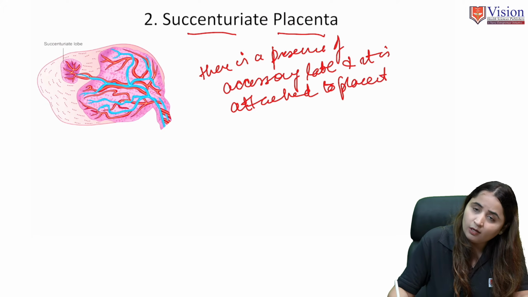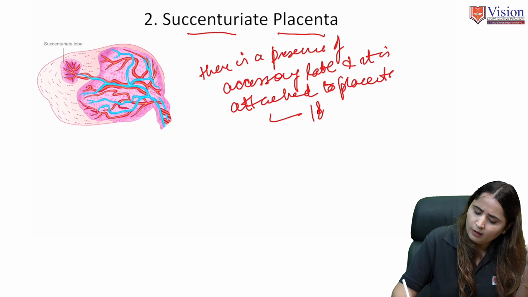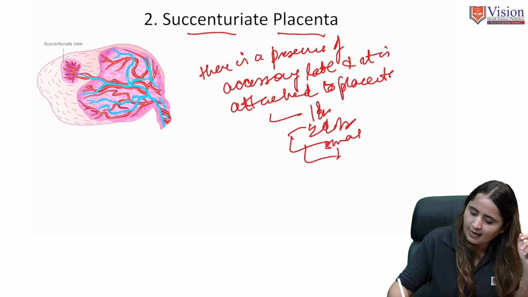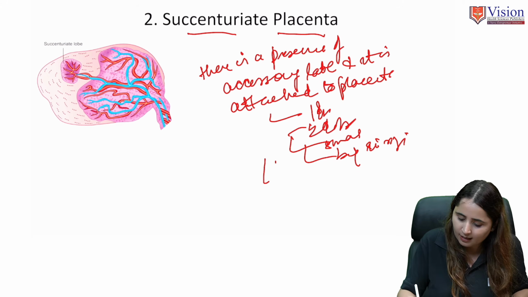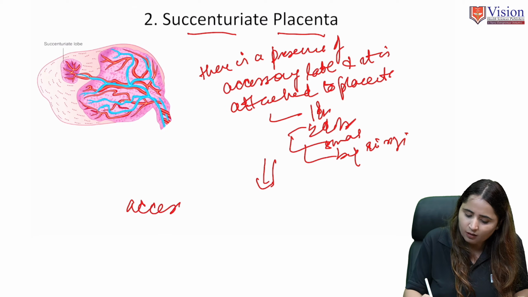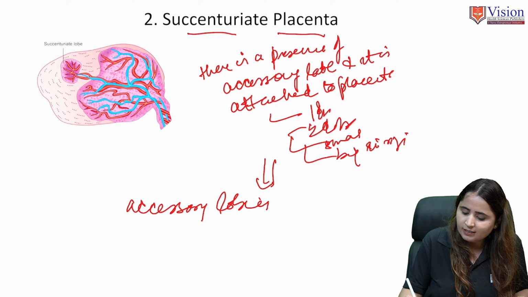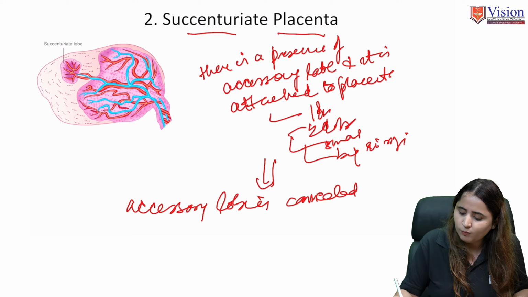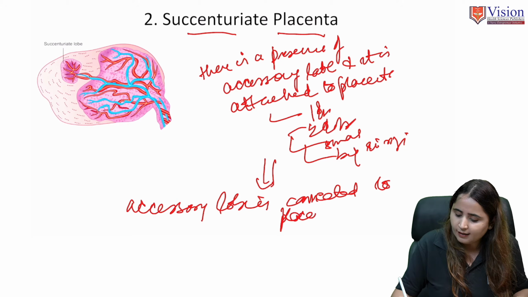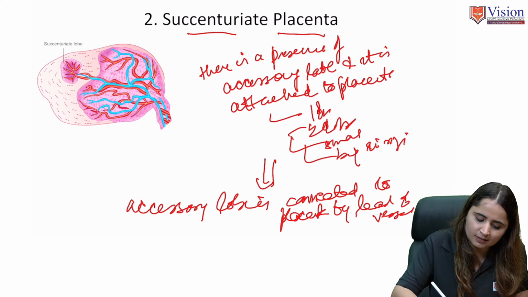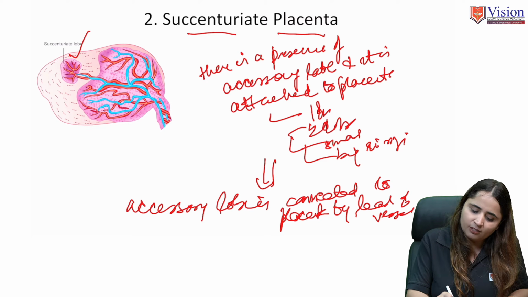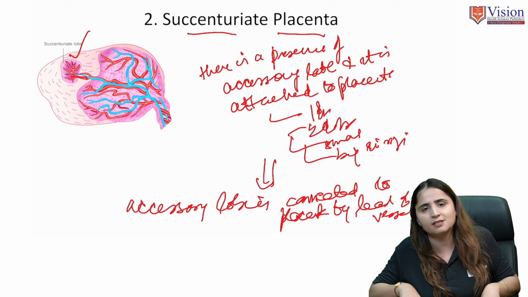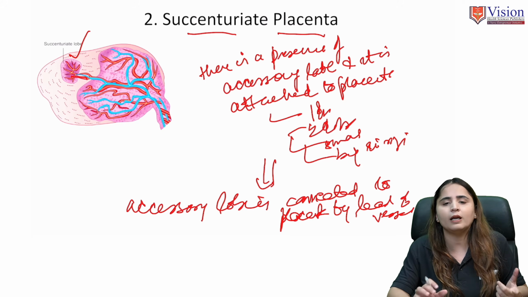This accessory lobe can be one lobe, it can be two lobes, or it can be small in size, or it can be big in size. So that is succenturiate placenta. And this accessory lobe is connected to the placenta by a leash of vessels. Like you can see here in the diagram, this is our accessory lobe, and it is connected to the main placenta by these fetal vessels. So that is called the succenturiate placenta.